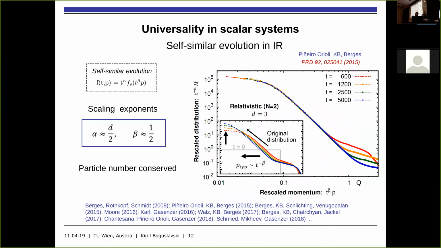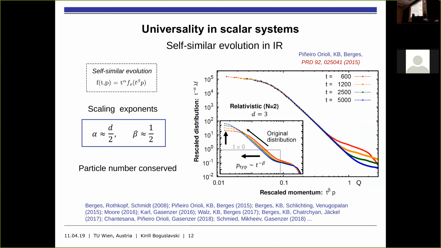Now, going more into this infrared region, what you find is that the infrared is self-similar. This is shown as an example for d equals 3 and relativistic, N equals 2, so the O(2) theory, where N is the number of components of your scalar.